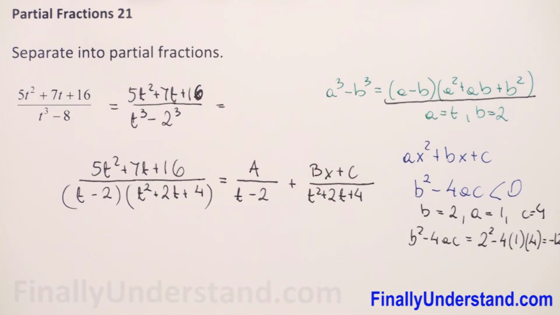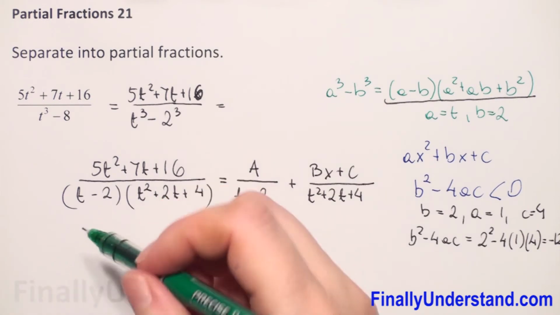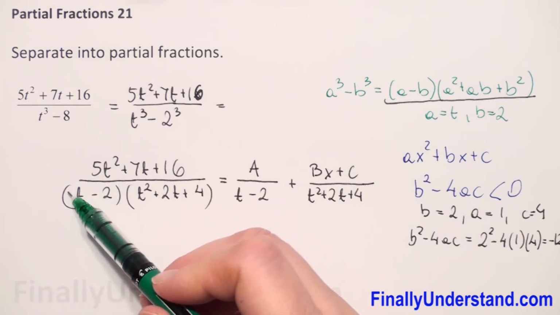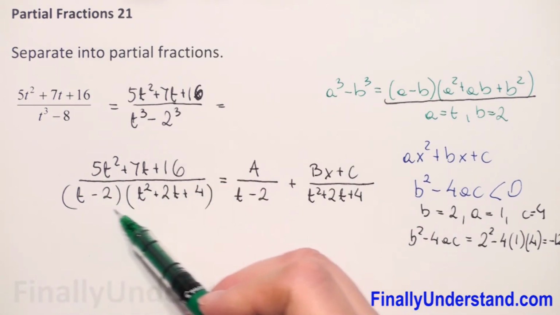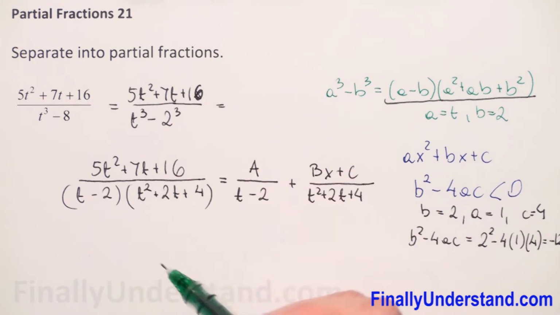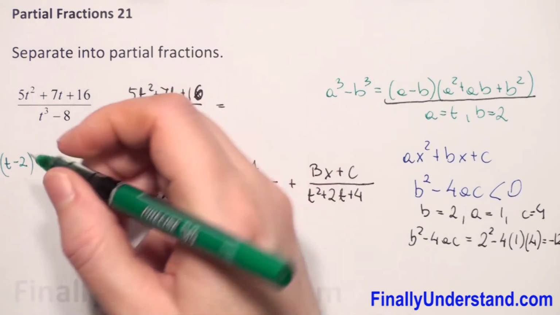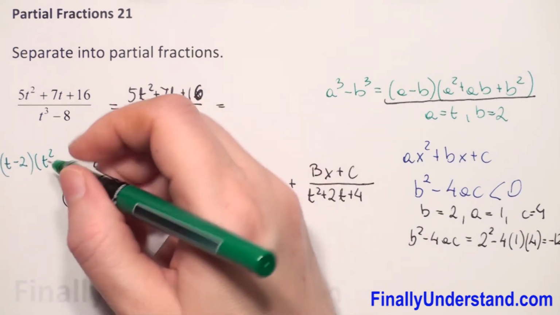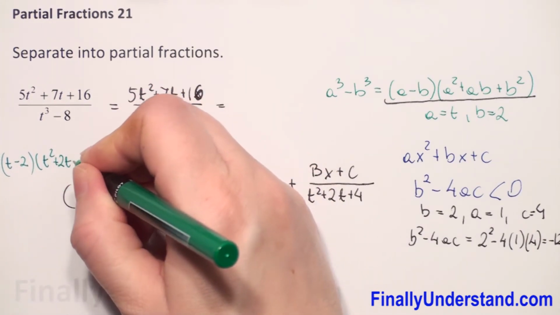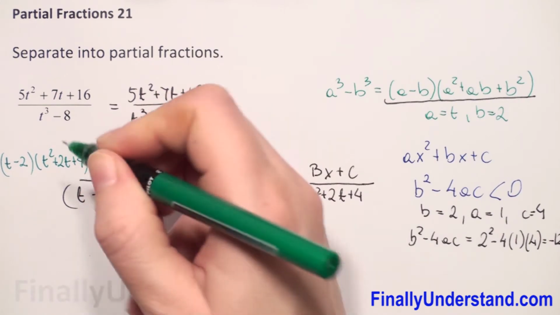It means we have to multiply both sides of our equation by the denominator of our original fraction. So it will be t minus 2 and t squared plus 2t plus 4.